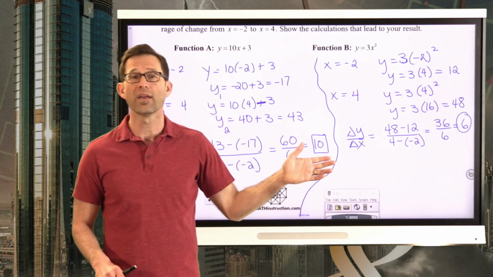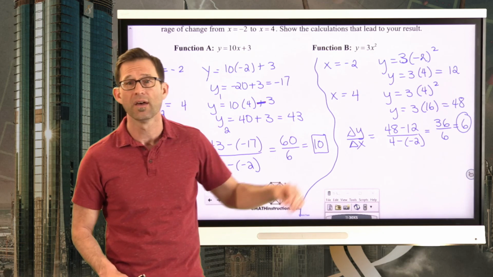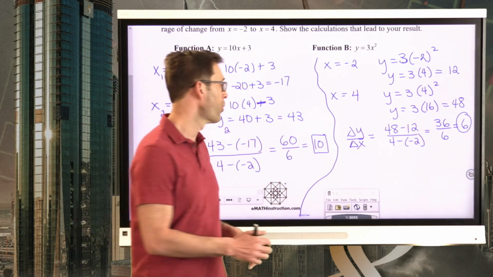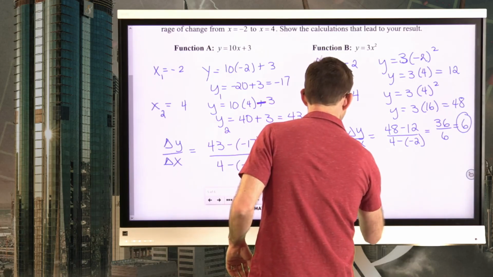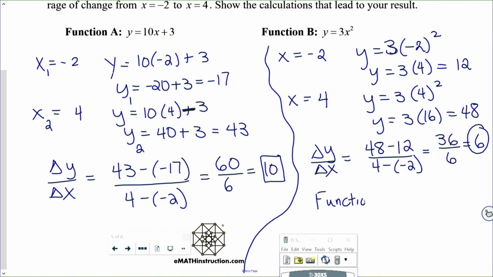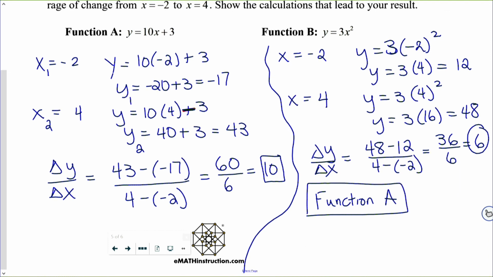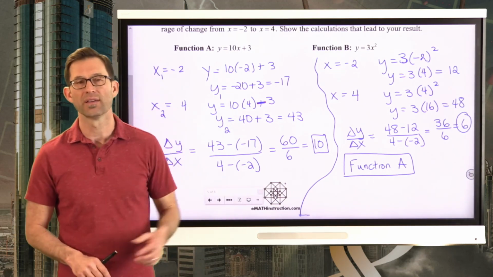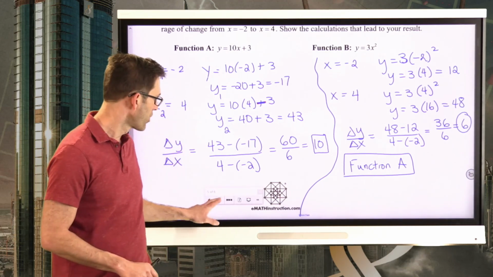This is literally 10 units of y per unit of x. This is 6 units of y per unit of x, and therefore function A has the greater average rate of change, which was ultimately what this problem asked us to determine. Which one has the greater average rate of change? It's function A.